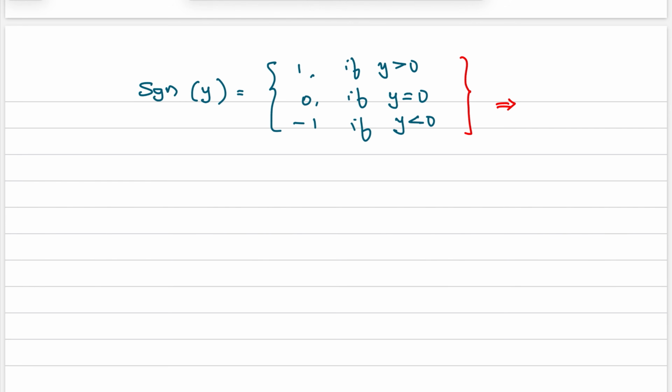Hence, signum sin 2x, let us say sin 2x is y. Sin 2x will be positive between 0 and pi by 2.